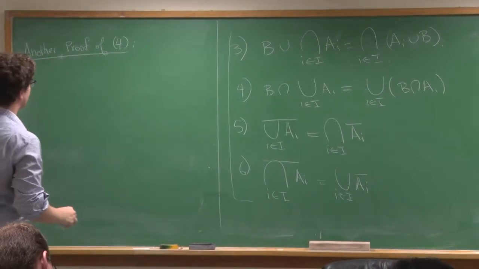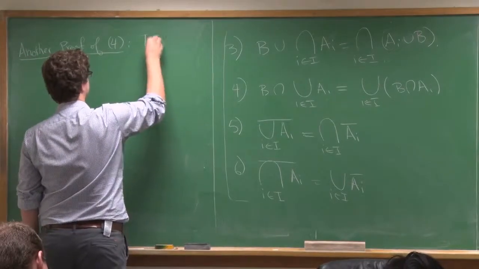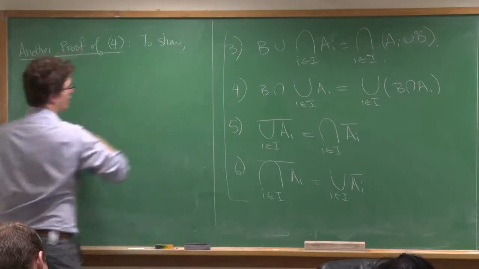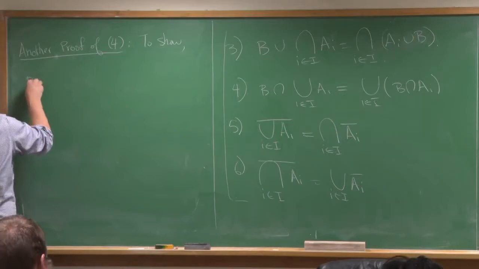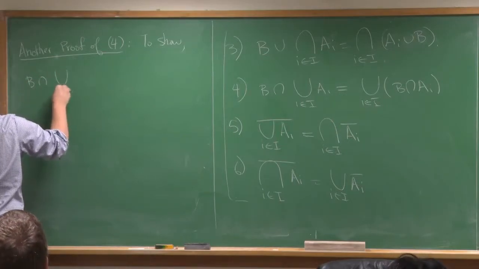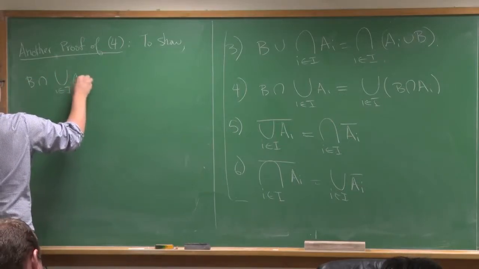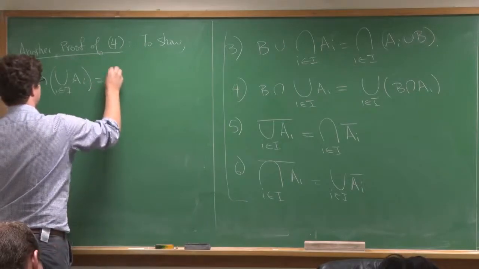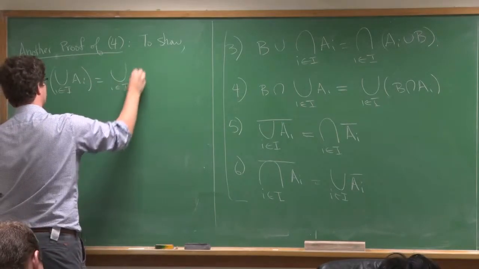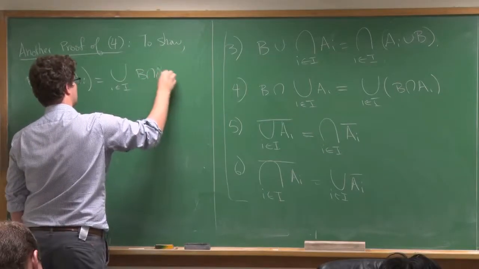So we want to show that B intersect this big union is equal to the union.